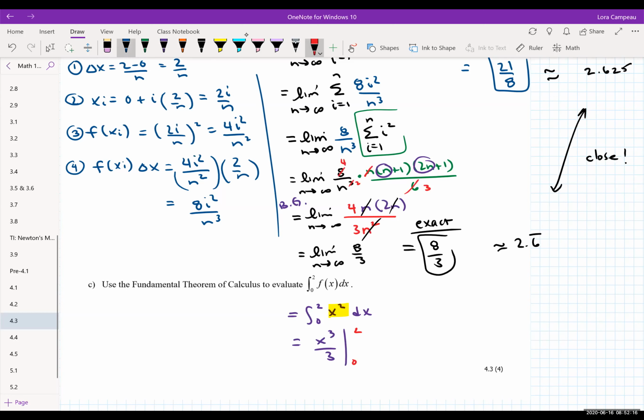Well, now what do we have? 2 cubed over 3 minus 0 cubed over 3. What happens to those zeros? 0. 2 cubed over 3 is 8 over 3. And look at this. Look how fast we found it.